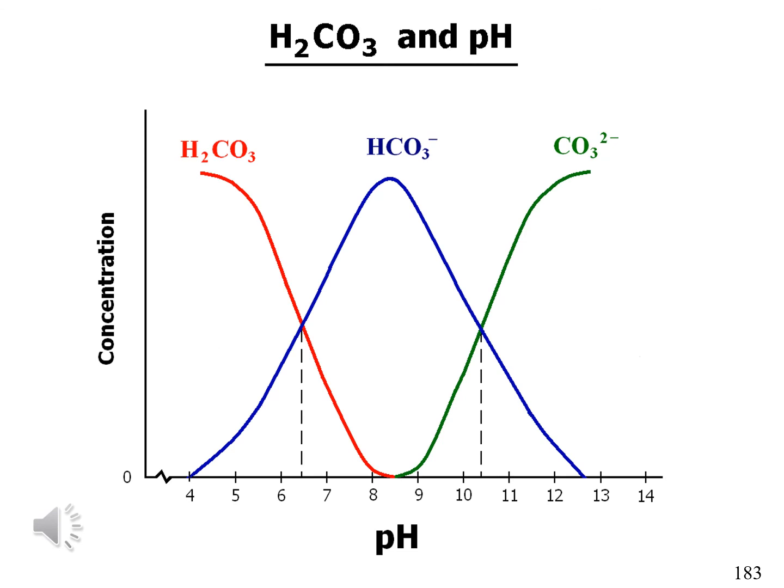And this is what it actually looks like when you put H2CO3 in water. The reason why I'm showing this is because, as you remember, H2CO3 is the way you carry CO2 back to your lungs to breathe it out.